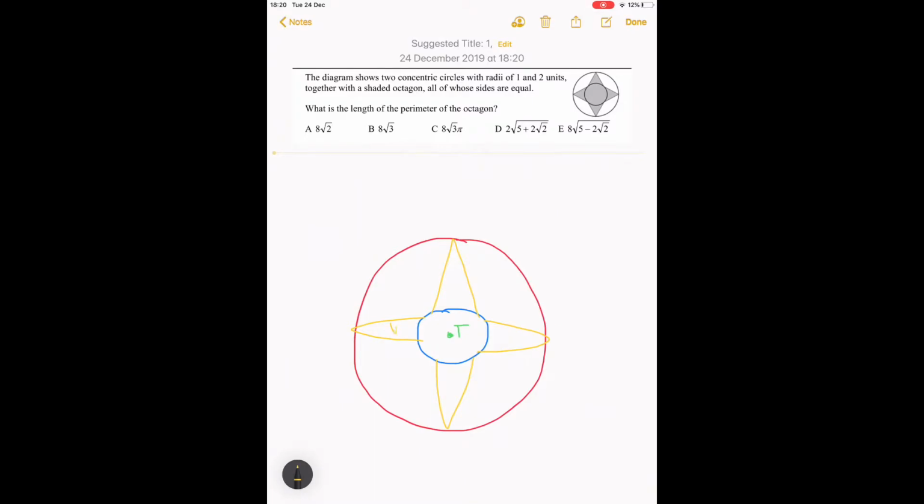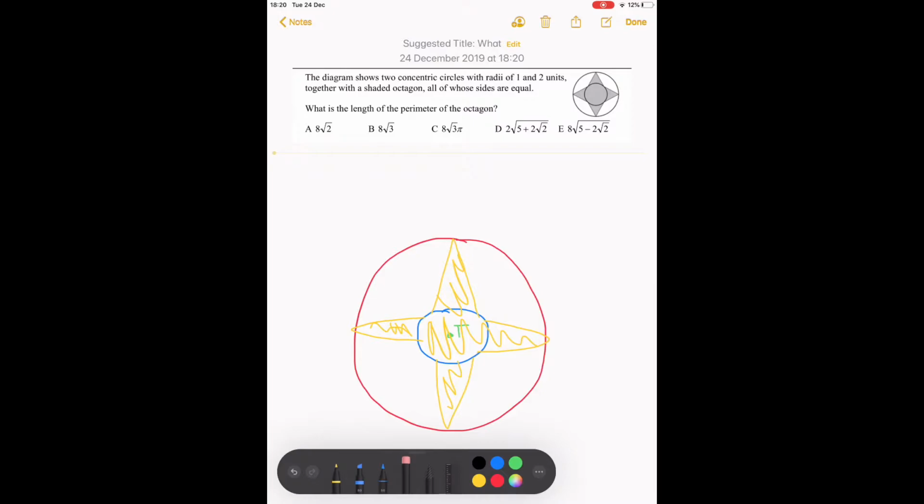So we have that, then we have our T in the middle.